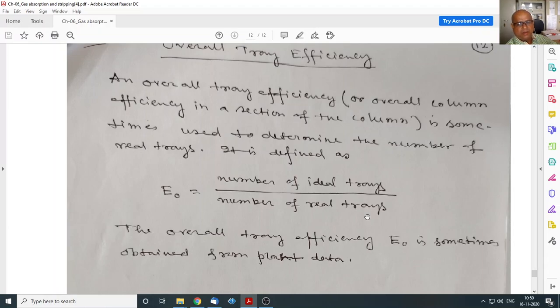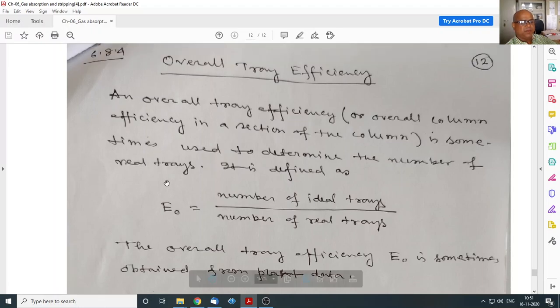Then calculate the operating line and make the triangles for the number of trays, or you can use the Kremser equation to get the number of trays. Whatever number of trays you get for a particular column is the ideal number of trays. Then you have to know the efficiency for this. Actually, overall efficiency is very important. If you get this value from the industry, if you have some knowledge, then you use it.